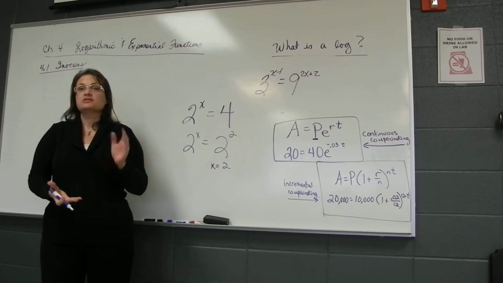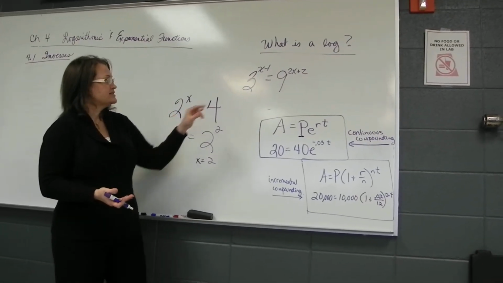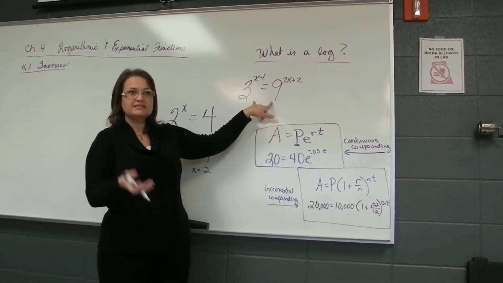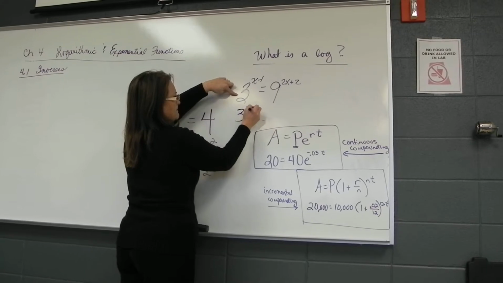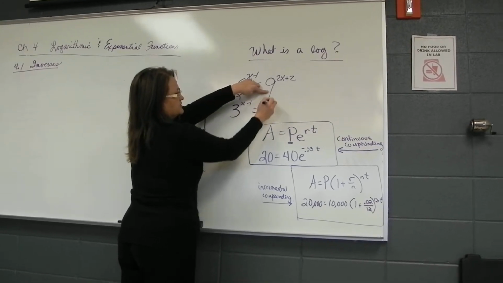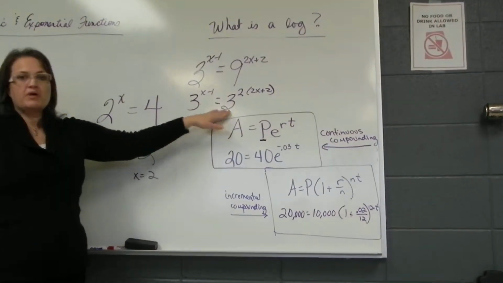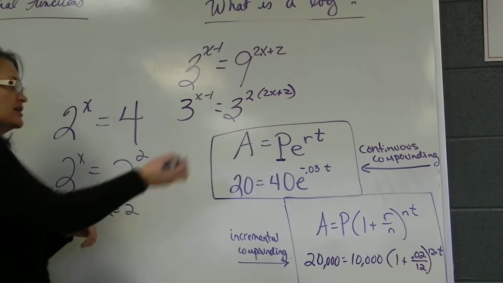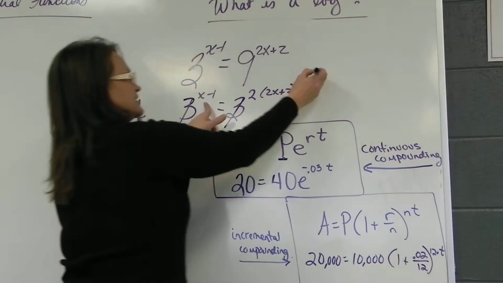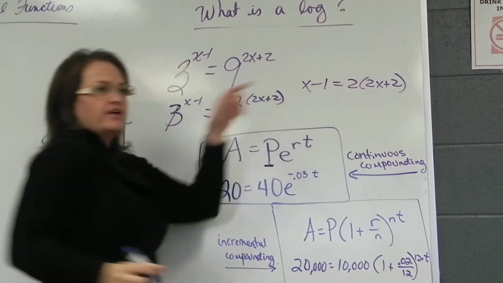To solve that, again, we will solve that at the end of the chapter with logarithms, but since these can be made to look like like bases, we won't have to do it that way. We can get like bases of 3. 9 is 3 to the second, and then bring down its exponent. So if you can make the bases look the same, then you can kind of mark out the bases and set the exponents equal to one another, and then solve that for x.